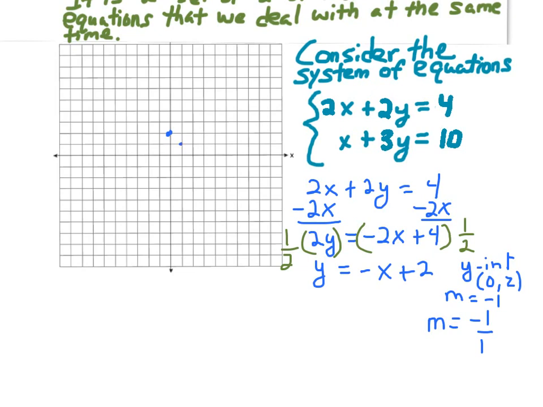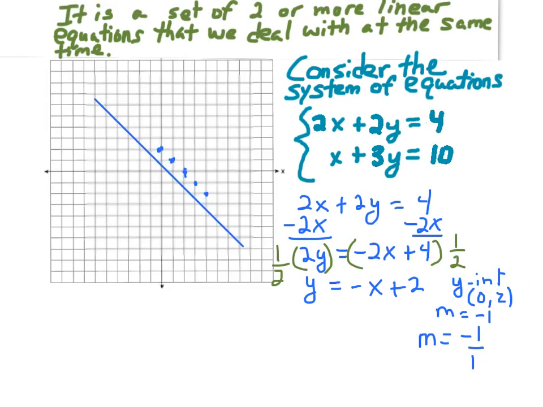I can do that many times as I need to, so I can have plenty of points to draw my line with. Draw a nice straight line. So let me put my line in now. So there's my line, and put arrows on the end.